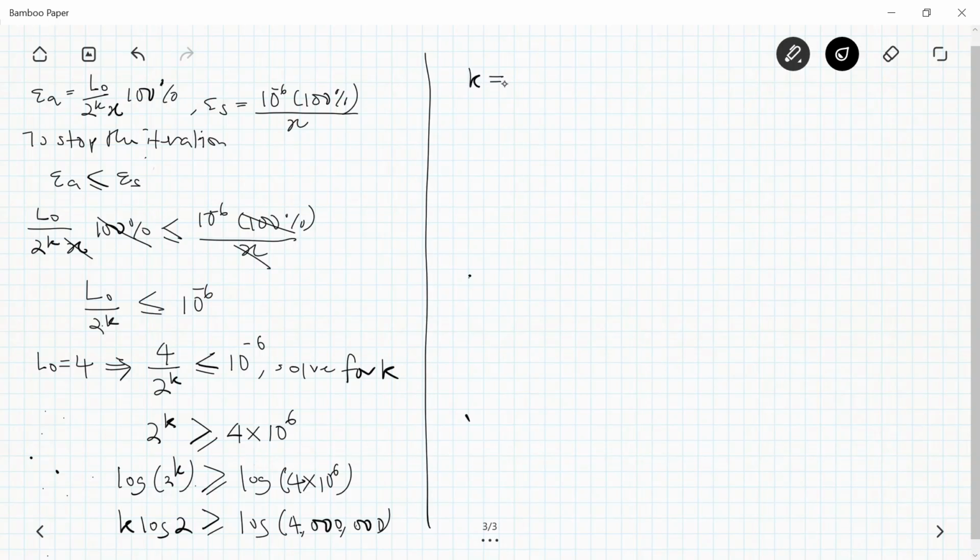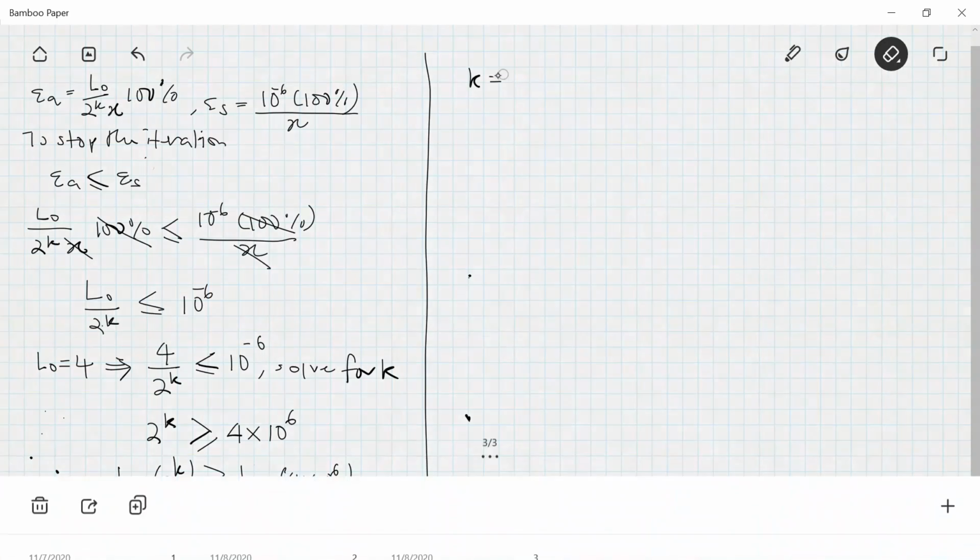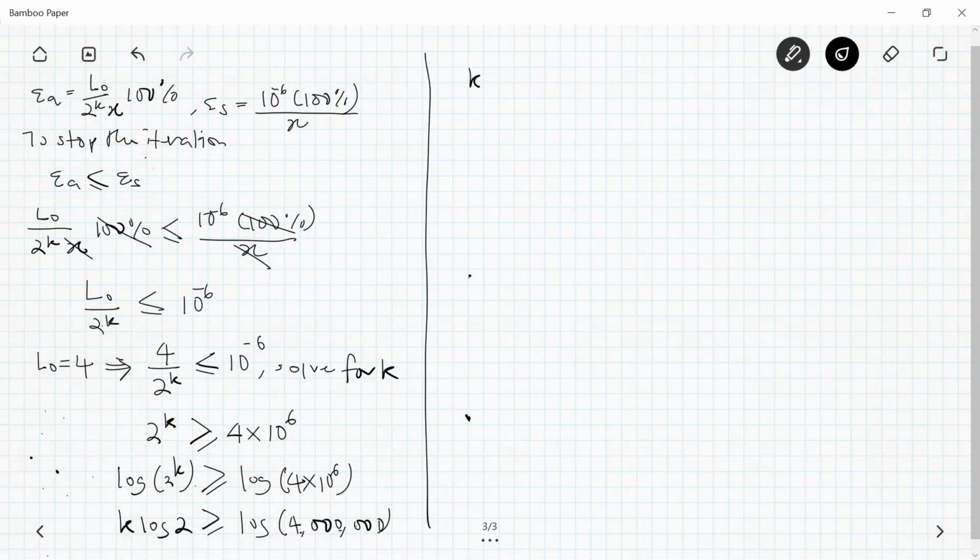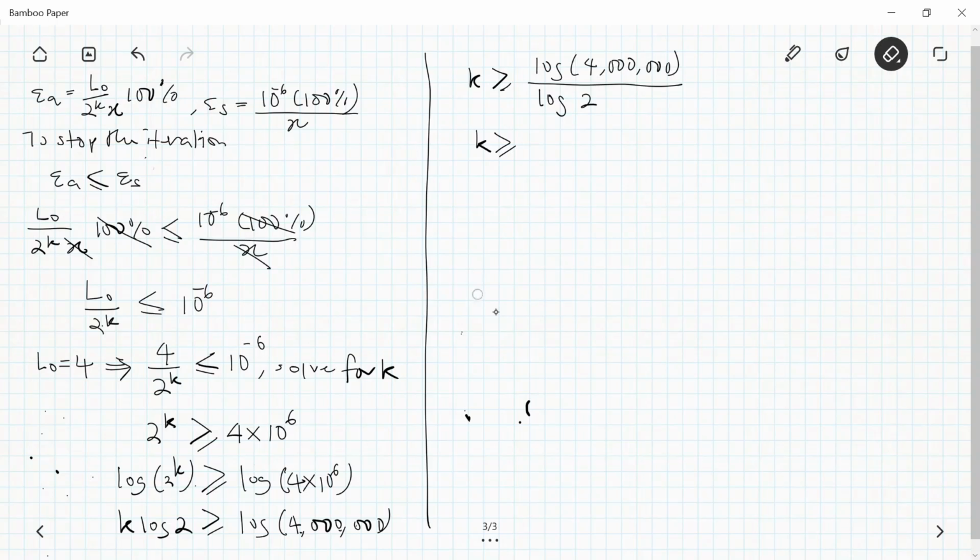K should be greater or equal to log 4 million divided by log 2. Take note that this is log base 10. So k should be greater or equal to, let's do the calculation.